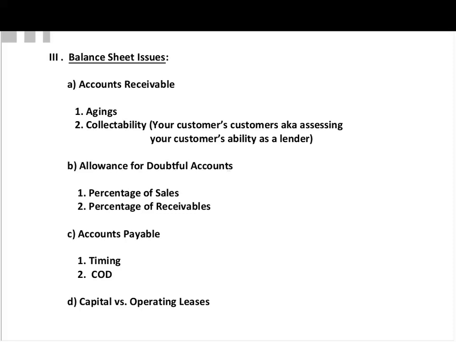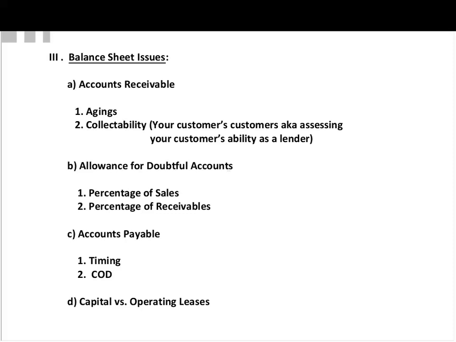When you look at your client, whether you're a lender or whatever capacity you are in, we really should think in terms of our customer's ability as a lender. Now that sounds strange. If you're a commercial lender and you provide a line of credit to your customer and secure the line with a UCC filing on receivables, you're the lender to your customer, but what are you really ultimately lending on?